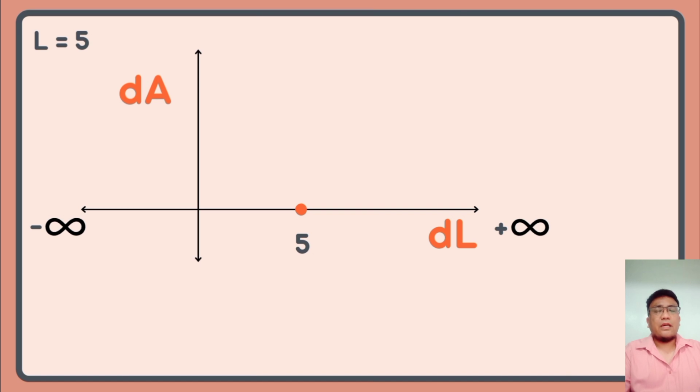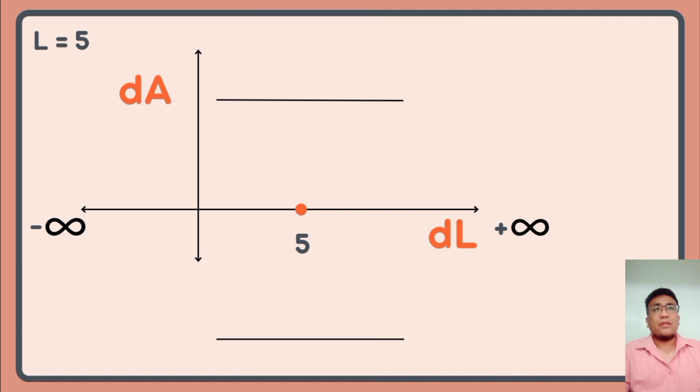I always emphasize this horizontal line because this is the zero slope: dA over dL is 0. Now we remember a while ago that differential calculus is about the rate of change or the slope. So that is very important for you to remember.